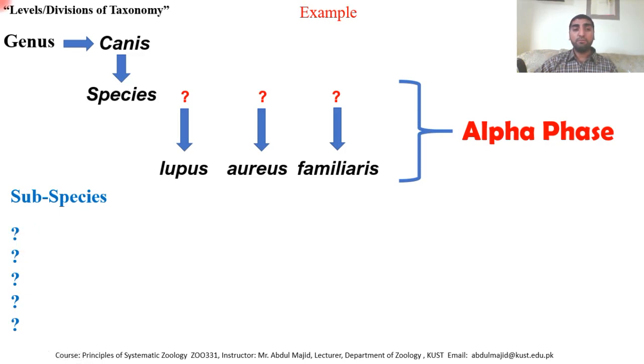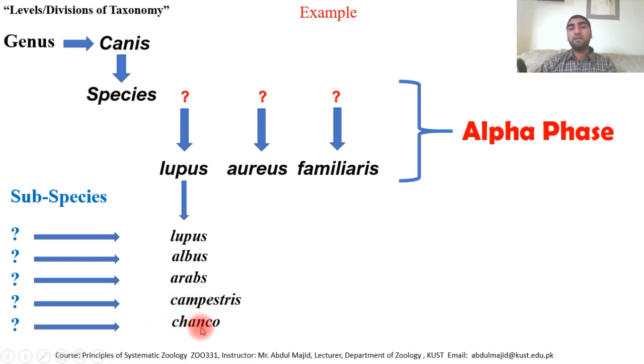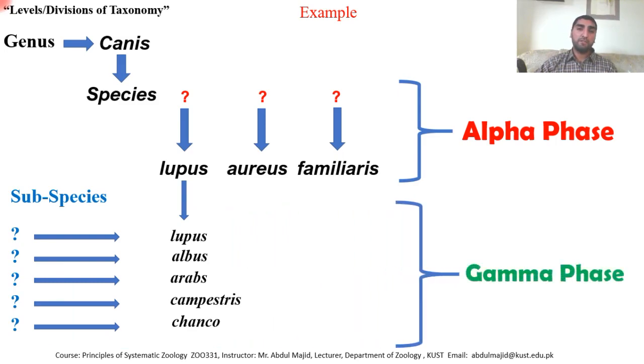You will again study their characteristics, and after studying them, you identify the first one as lupus, and then the subspecies albus, subspecies arabus, subspecies campestris, and subspecies chenko. So now you have five subspecies. When you study at subspecies level, this level is known as gamma phase or gamma level.